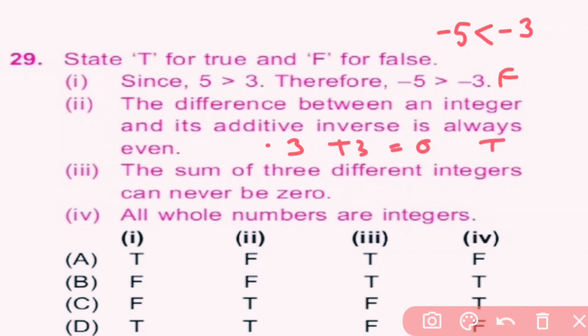This is true statement. The sum of 3 different integers can never be 0. It is false statement because minus 2 minus 3 plus 5 is equal to 0. These 3 are different integer but their addition is 0. So it is false statement. Option 4, all whole numbers are integer. It is true statement. So here C is correct answer.